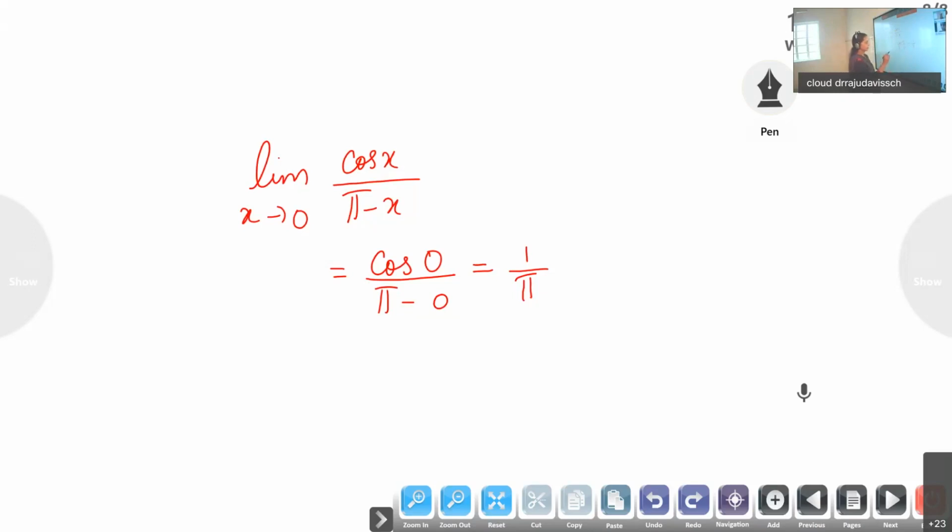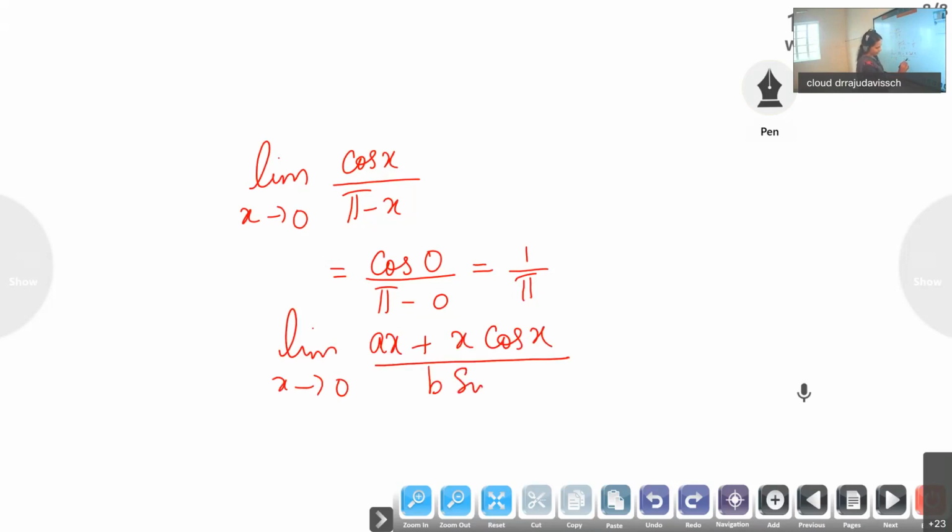Next one. Limit x tending to 0 ax plus x cos x by b sin x.